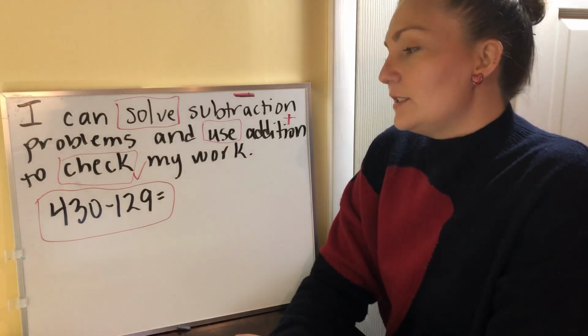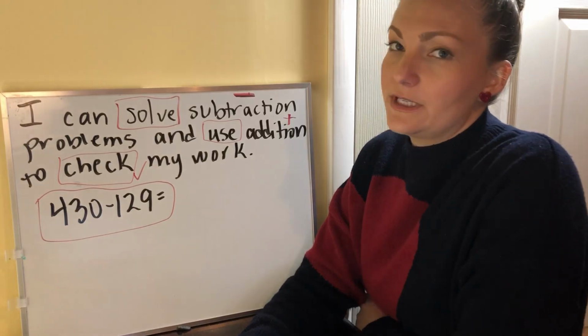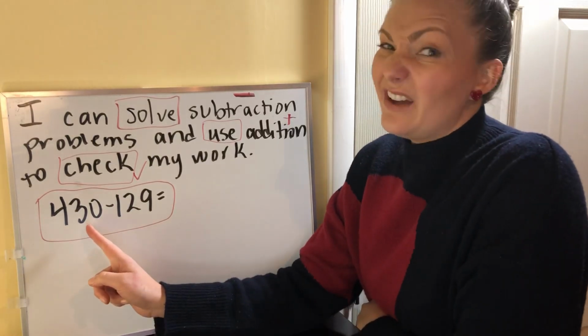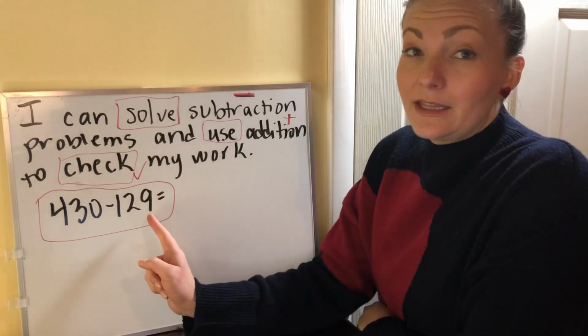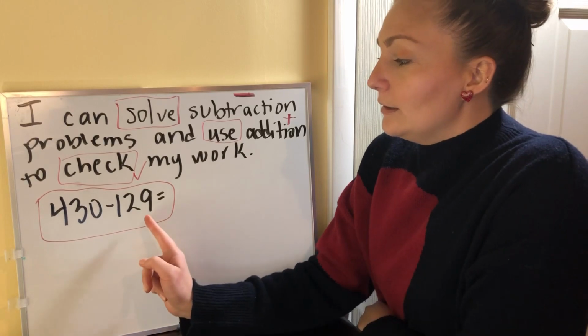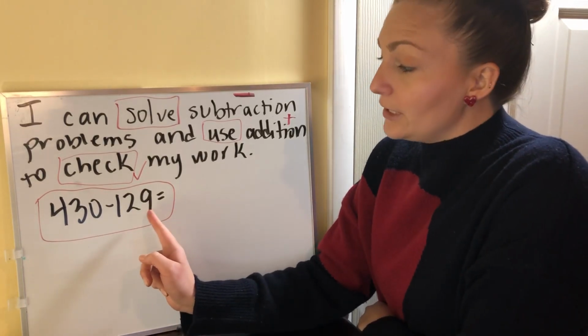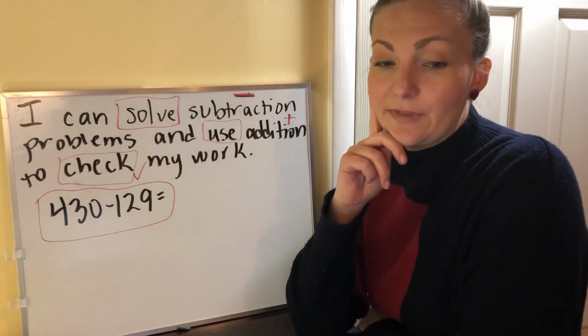So when I'm looking at these two numbers, I'm thinking, these numbers aren't really close to the next 100. This one's not that close to 400, and it's not that close to 500. This one's not that close to 100, it's not that close to 200. But this one is really close to 30, and this one has a 30. So I'm thinking about if that could help me.